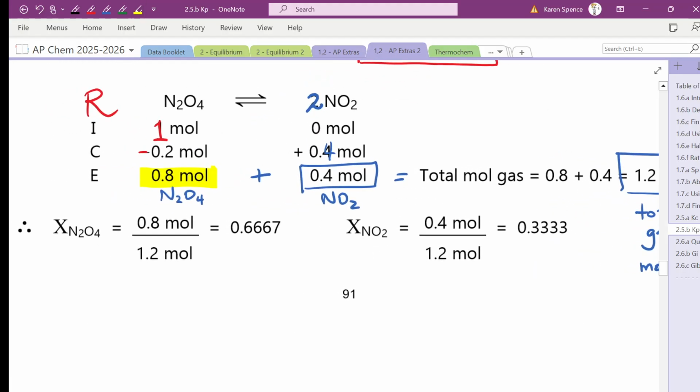Okay, anyway, we got our mole fractions here. Could you calculate your partial pressures before we turn the page? Let's do it.